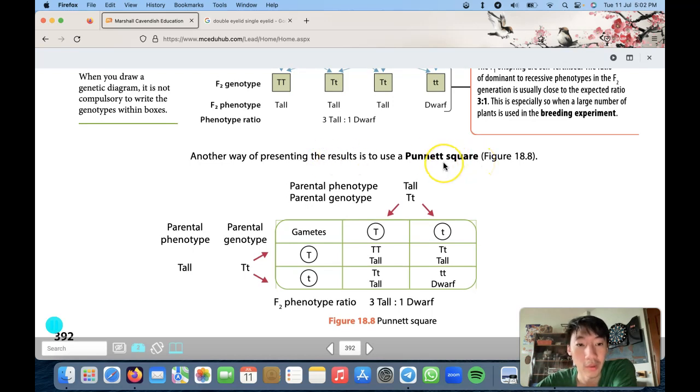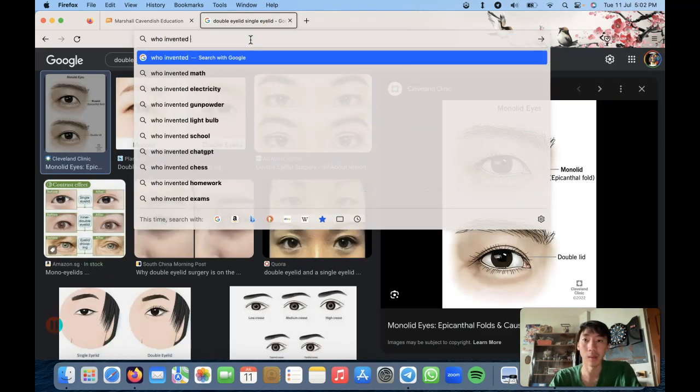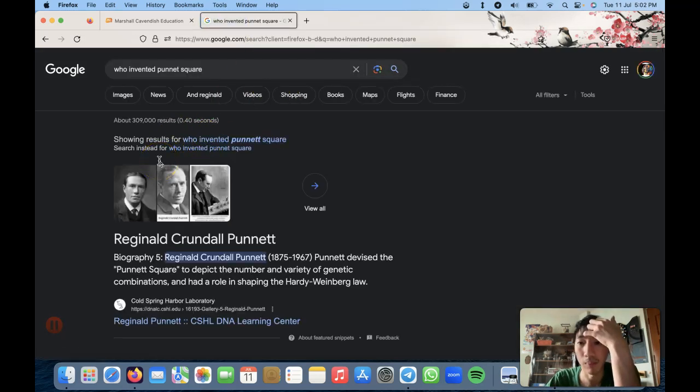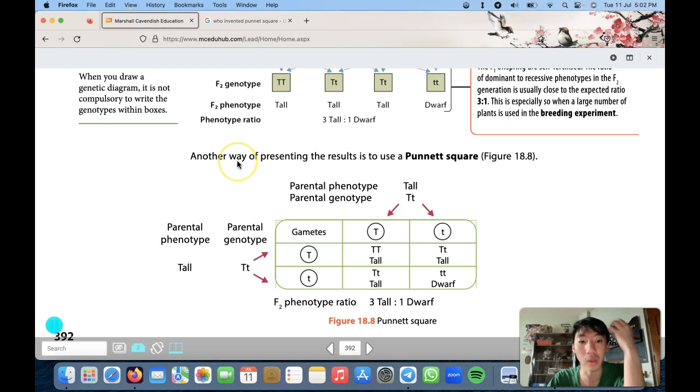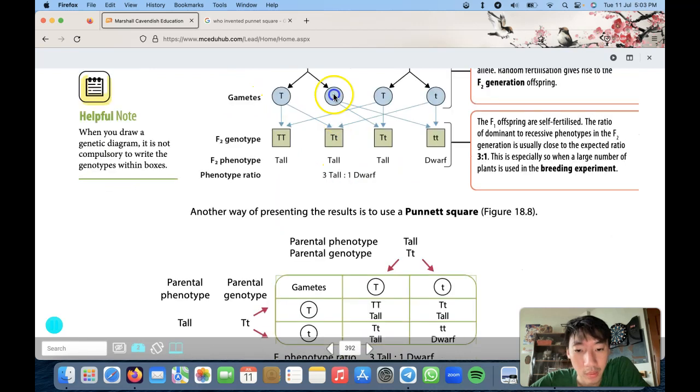Obviously, who invented the Punnett square is this guy called Mr. Punnett. So it's an easier way of representing the data. Why? Because we start by representing this parent genotype, which is equivalent to the F1 over here.